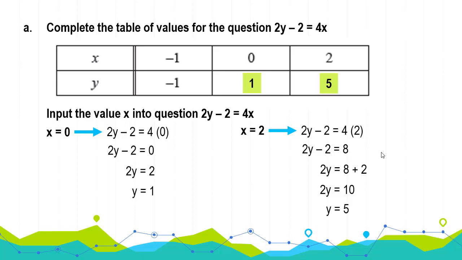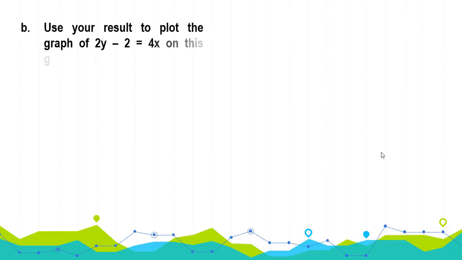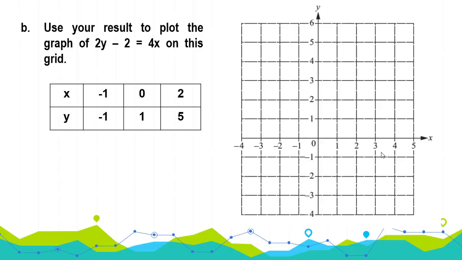After finishing completing the table, let's draw the graph of the equation 2y minus 2 equals 4x. Okay, let's mark first. Negative 1 for x and negative 1 for y.